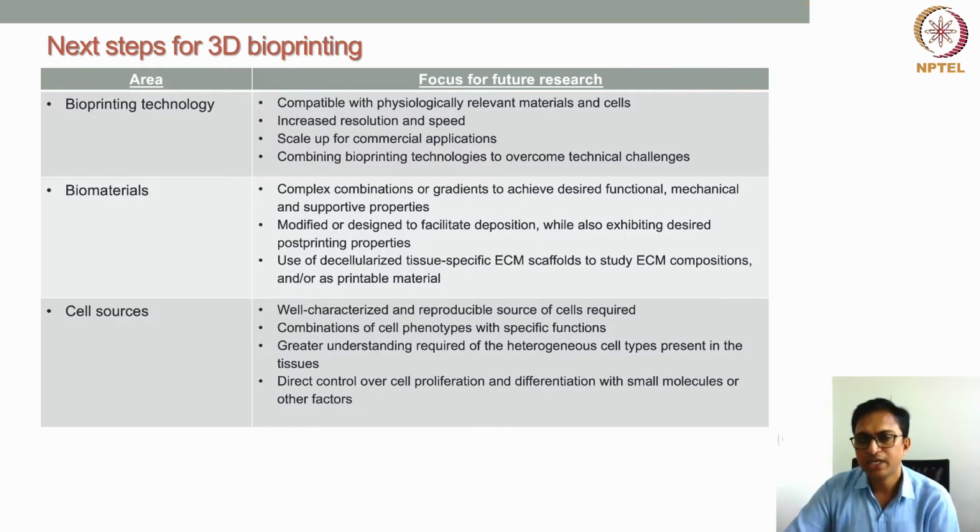That can typically be done, as I mentioned earlier, by a mini tissue or modular concept, where you print different tissue structures and connect them together. For commercial applications, when this technology goes to the clinic for treating patients, scale up will be the major bottleneck. If you cannot print a big structure, scale up will be the major issue. So that has to be taken care of.